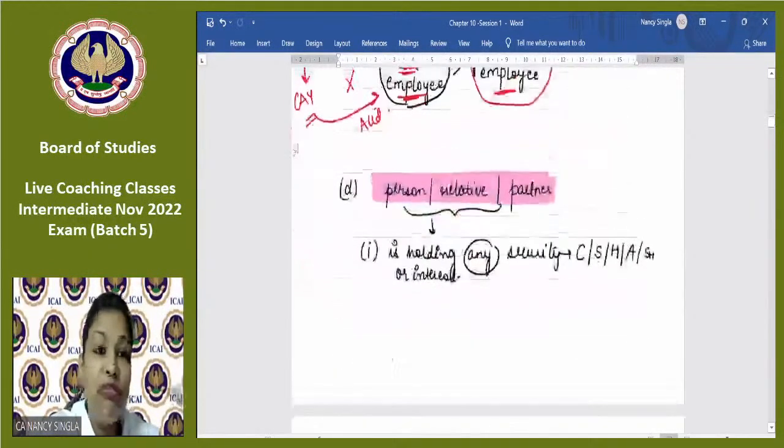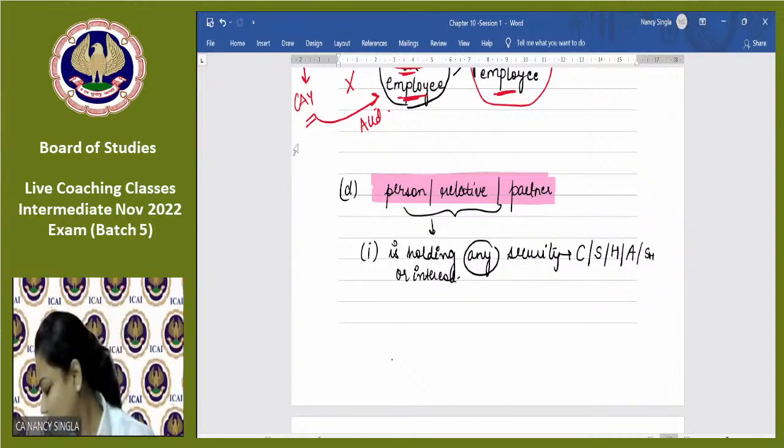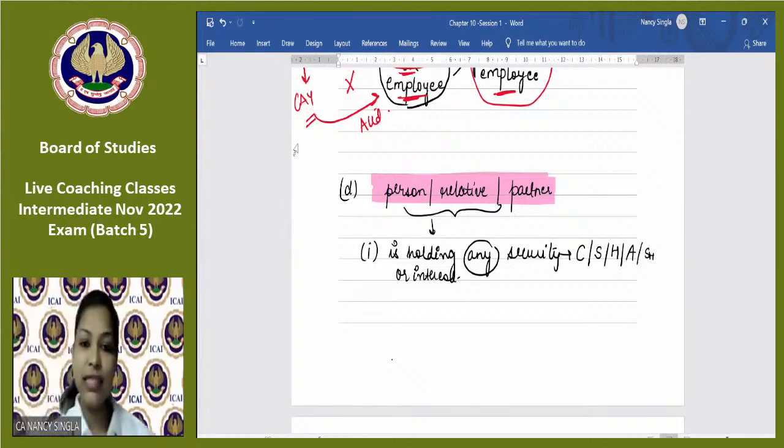Now clause D, very, very important. But before that, quickly send in your replies whether whatever we have done so far is clear or not. In case of any doubt, please let me know. Quickly send in your replies.